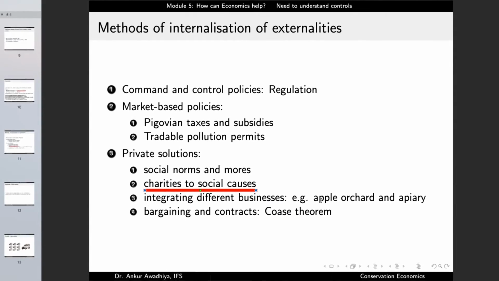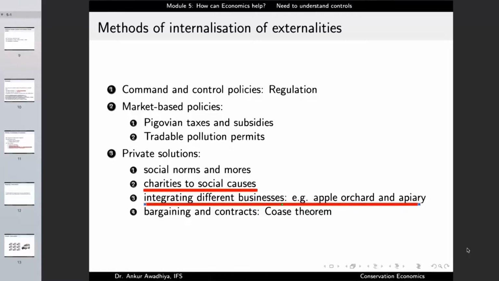Another private solution is integrating different businesses, and this normally occurs in the case of positive externalities. So, integrating different businesses means that if somebody has an apple orchard and this person also starts an apiary to raise honeybees.